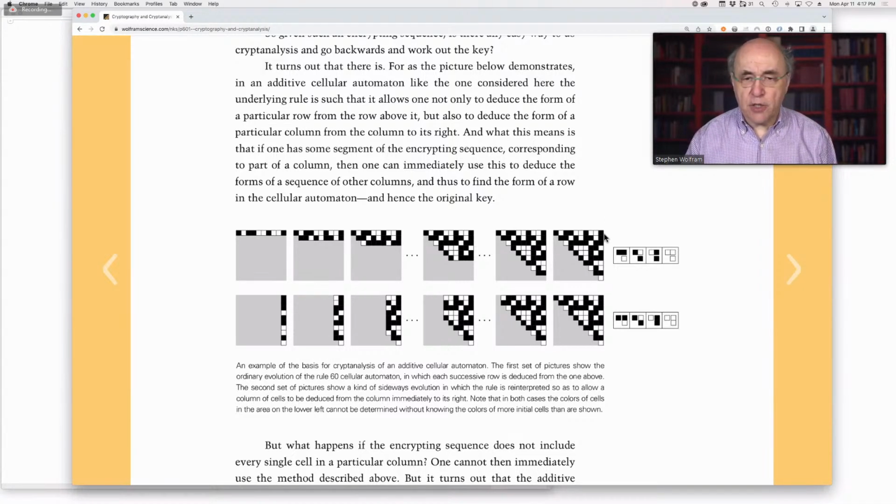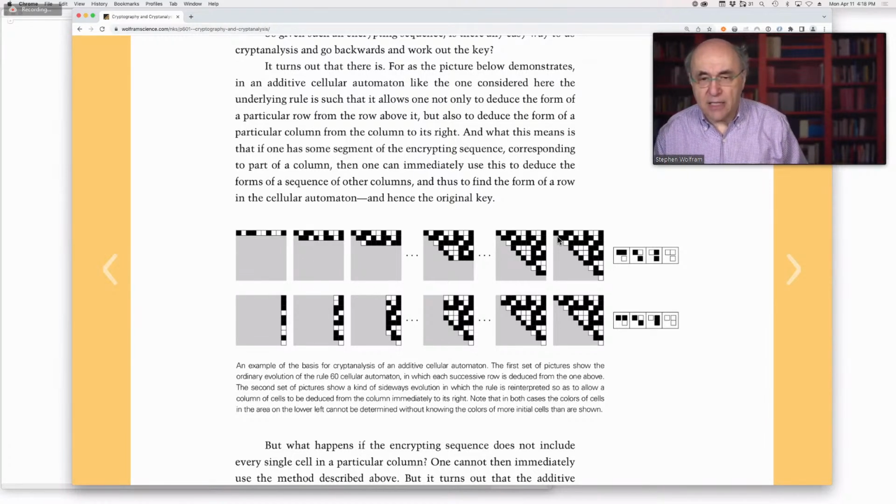Once you can reconstruct, and you have to do that statistically from what you know about the structure of the plain text message, once you can reconstruct something about that sequence that you get out of the random generator, you just have to take that sequence and run the rule sideways, and you can deduce exactly what the initial condition was.